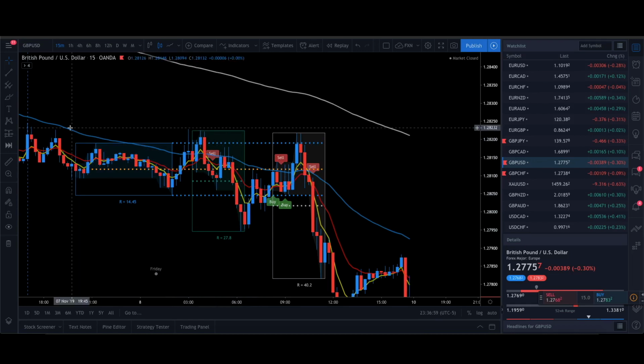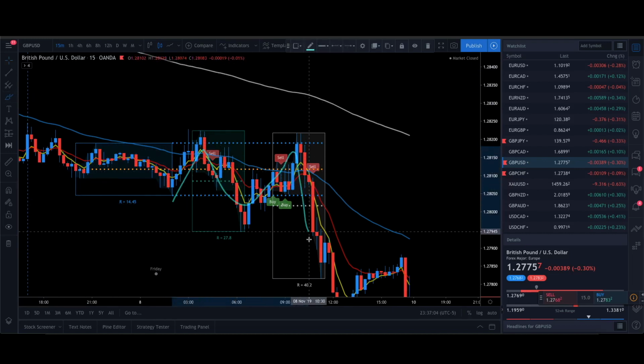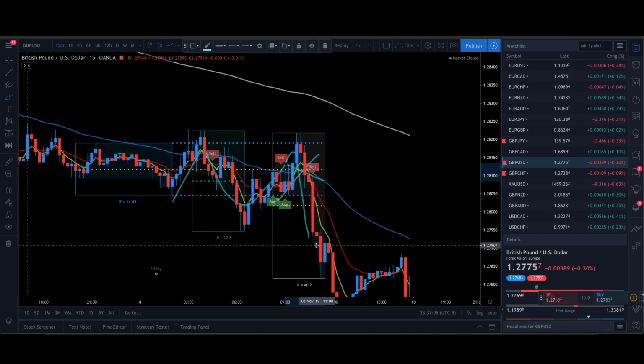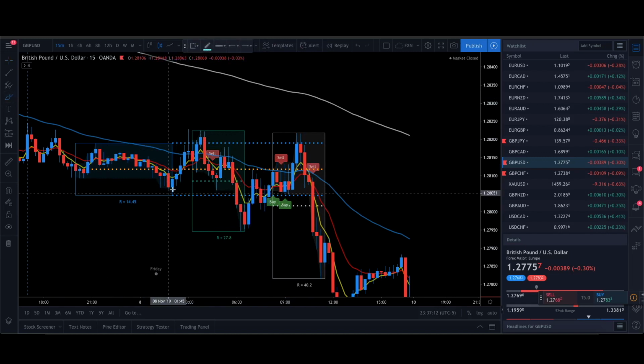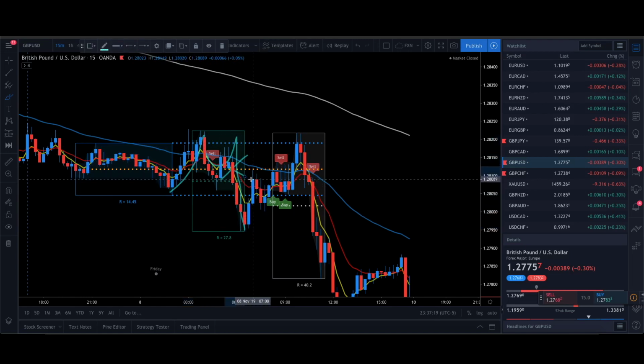This is not something where you're waiting for a second leg only over here to happen. That's not what that's for. If you get something like this, an M like that, and you get a crossover here of the 5 and 13, then you can take the trade.